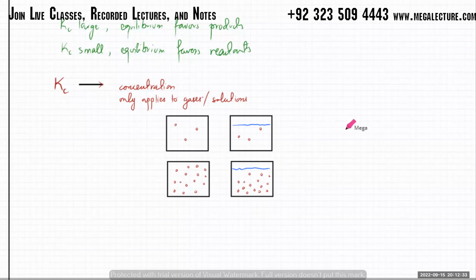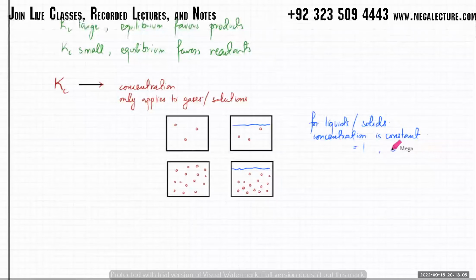Remember for liquids, for any liquid, you don't have the term for liquids or for solids. Concentration is taken as a constant because the spacing never changes. So the concentration is considered to be constant, and it's usually taken as one. Why?